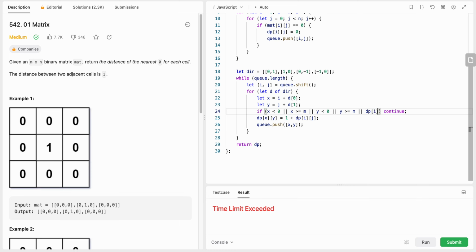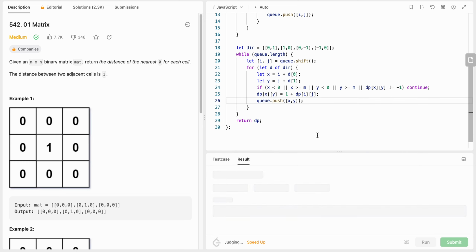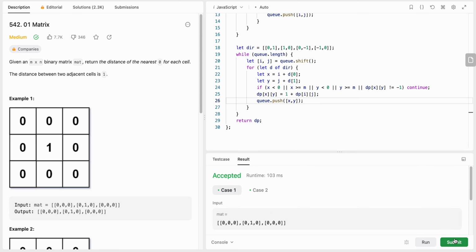If dp at index x y has already been computed, is not equal to -1, then we do not want to compute it again, right? So we just continue. Okay, let's submit this now.